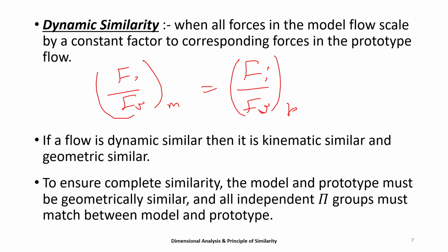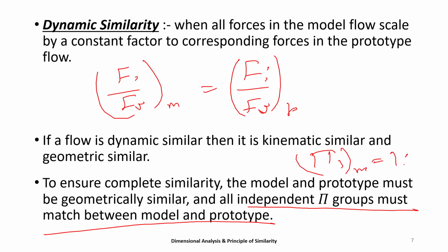To ensure complete similarity, the model and prototype must be geometrically similar, and all independent pi groups must match between the model and prototype. So pi 1 of the model should be equal to pi 1 of the prototype, similarly pi 2 of the model should be equal to pi 2 of the prototype, and so on.